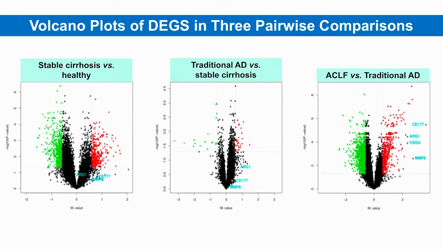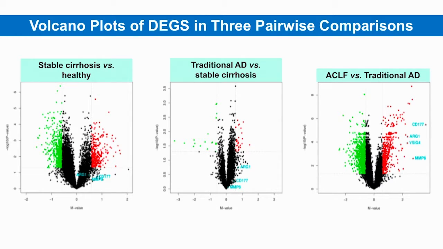And CD177 is a marker for activated neutrophils. And this is a very interesting molecule. We confirm using flow cytometry that the protein also is overexpressed. The percentage of neutrophils expressing CD177 circulating in blood of patients with ACLF is increased.